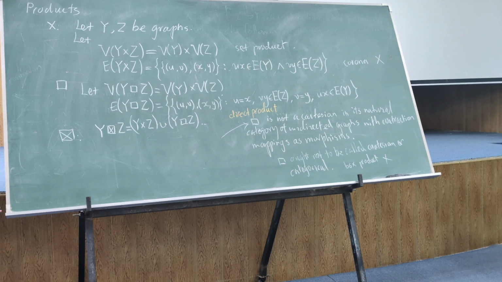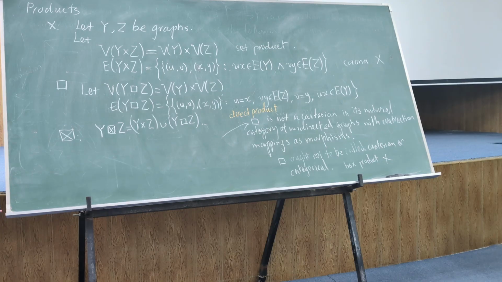So now u, v are adjacent, and x, y are adjacent, therefore this edge is there. u, v are adjacent, but x is not adjacent to x, therefore this edge is not there.